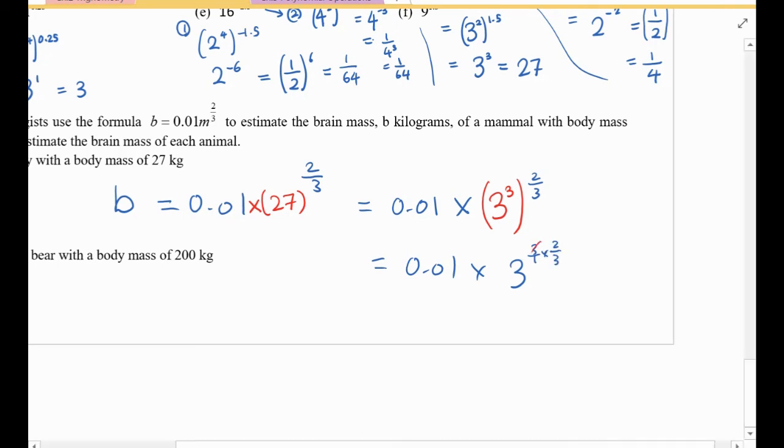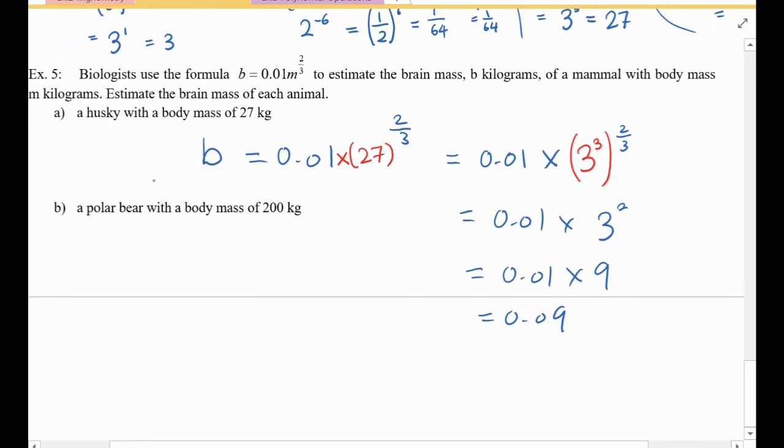So 3 cancel out and 2 left. Okay, that is 0.01 times 3 times 3 is 9. So the answer is 0.09 kilogram.